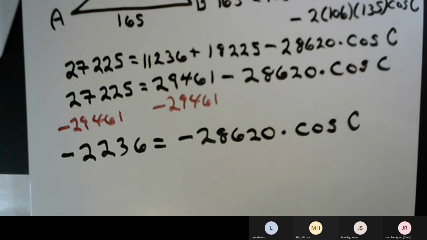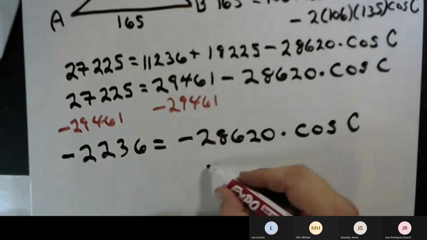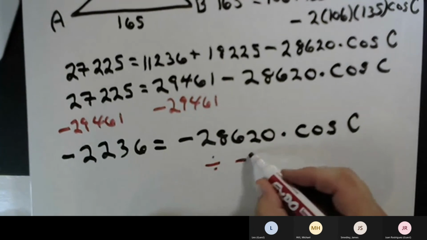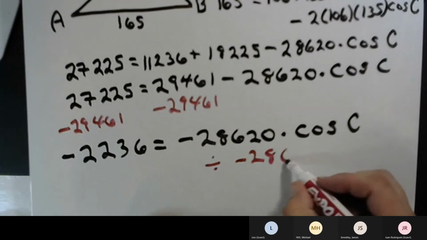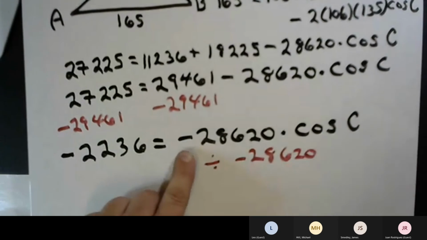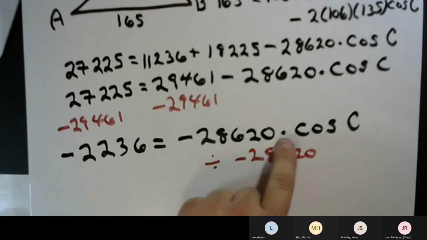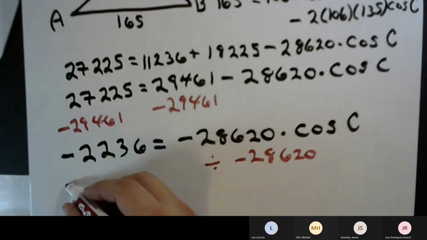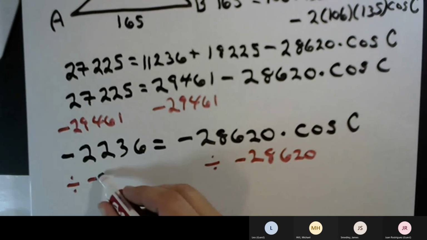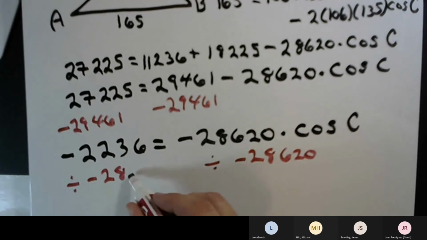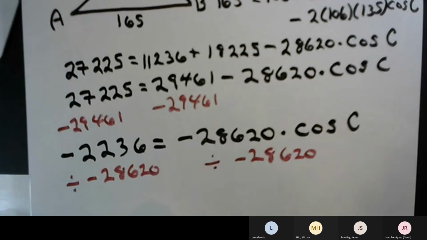So now we need to divide. So we've got to divide by negative 28,620 because it has a minus sign on it. It's going to be minus here, but we're actually canceling this. So we're dividing minus 28,620.